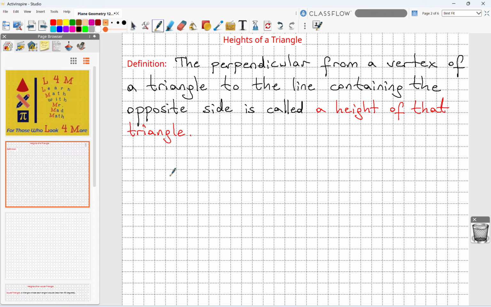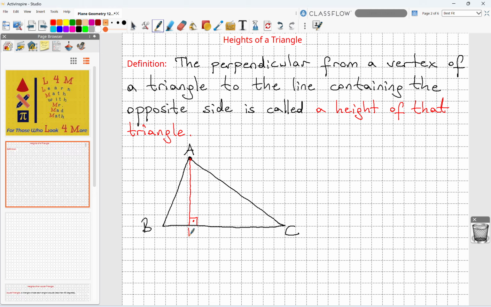So let's show it on a triangle. Let's say that we have a triangle like that, triangle ABC. For example, from vertex A, I'm drawing the perpendicular to the line containing BC. In this triangle, it's obvious that this height will be something like that.